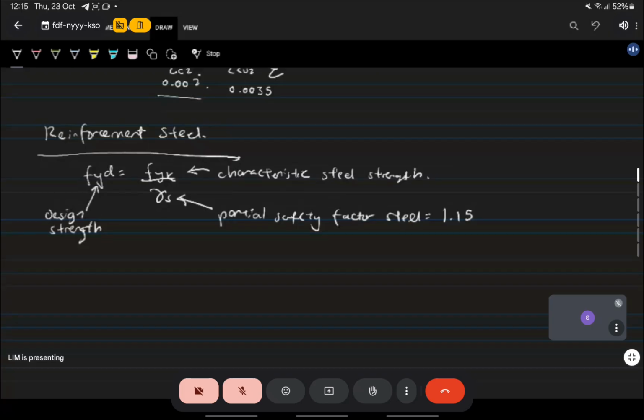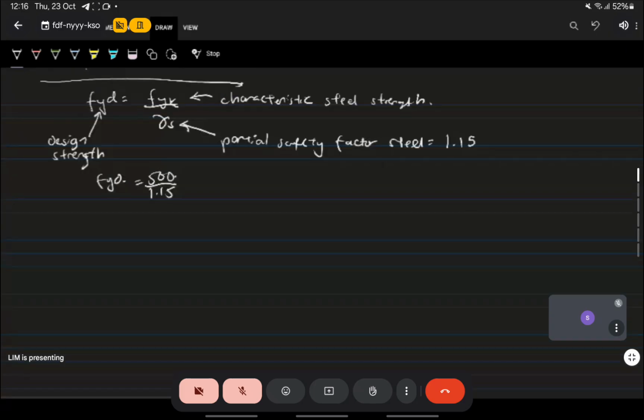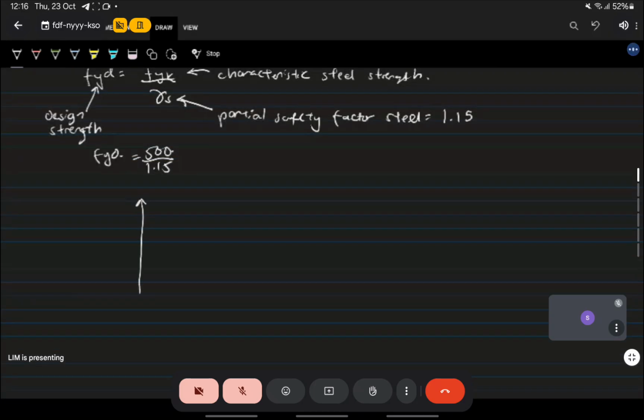Whatever characteristic steel strength you have, let's say normally we use 500, to get the design strength you have to divide it by 1.15. So you reduce the characteristic strength to get the design strength, by 15%.